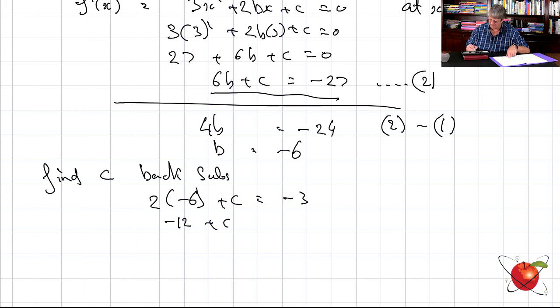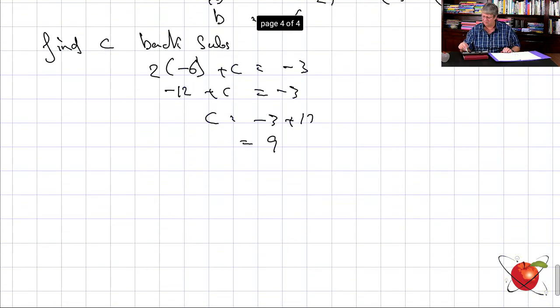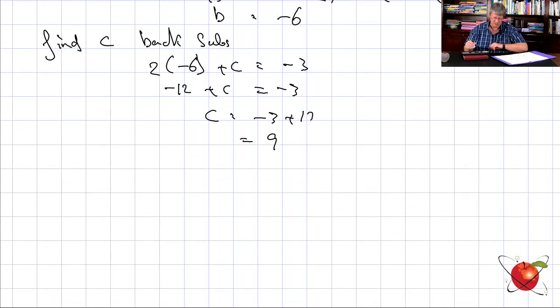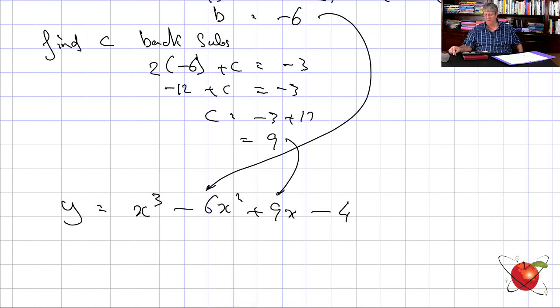Minus 12 plus c is equal to minus 3. Therefore, c is going to be minus 3 plus 12, which is equal to 9. Thus, my final equation is going to be y is equal to x cubed minus 6x squared plus 9x minus 4.